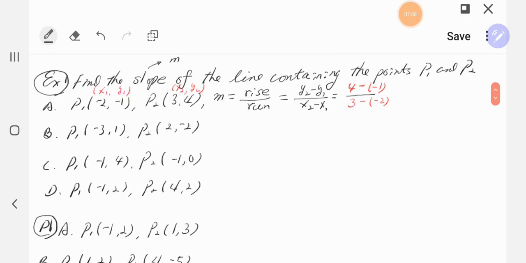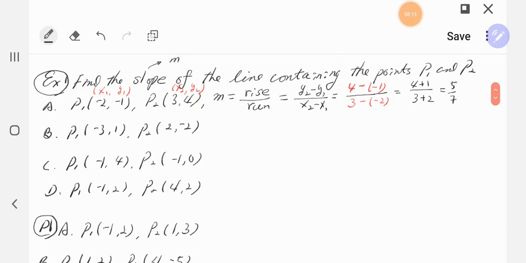Then simplify each numerator and denominator. So 4 minus negative 1 is 4 plus 1 over 3 minus negative 2 is 3 plus 2. The opposite of negative is positive, right? Minus negative means opposite of negative, so plus. Then this is equal to 5 over 7. So this is the slope.